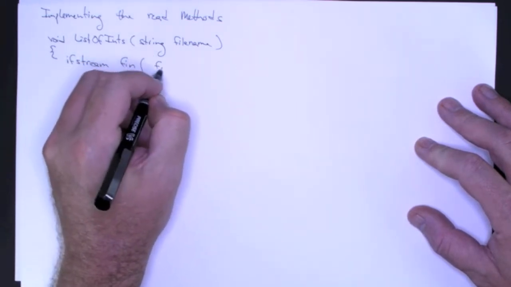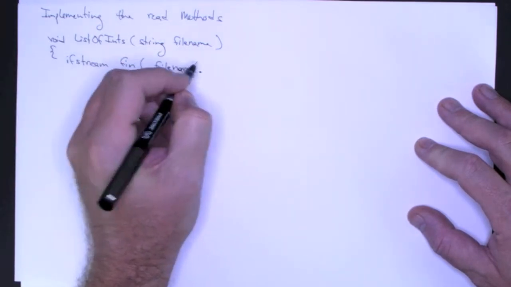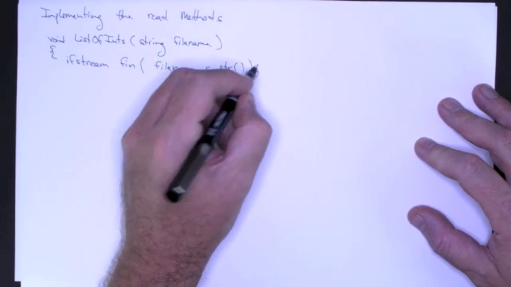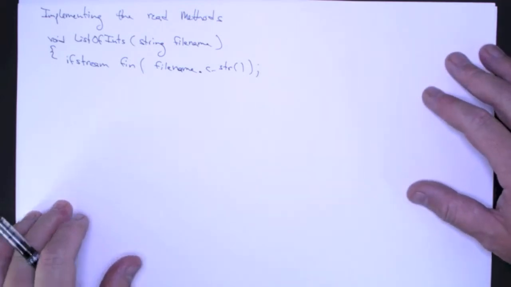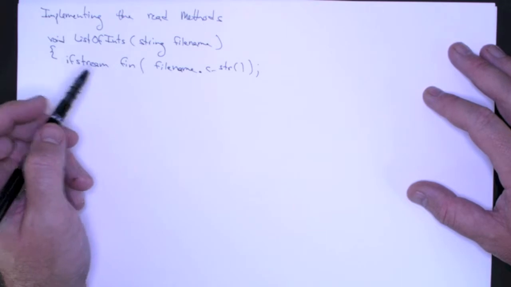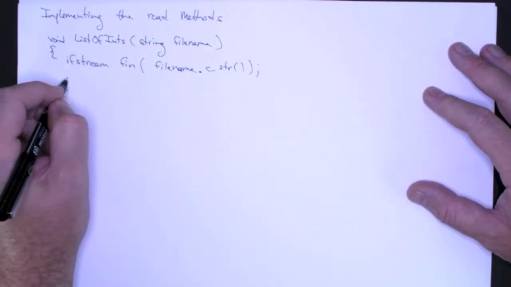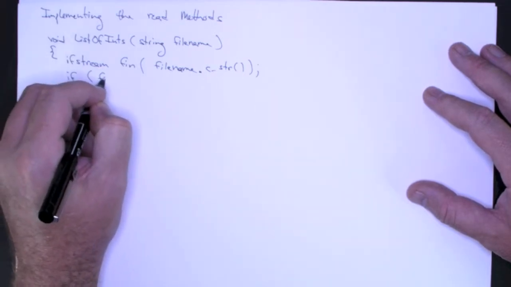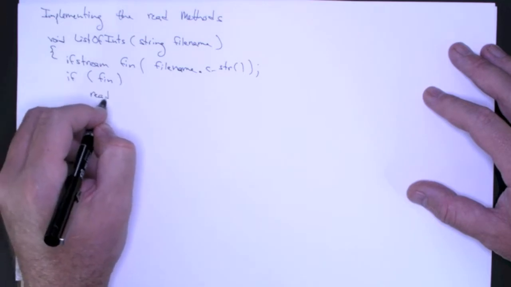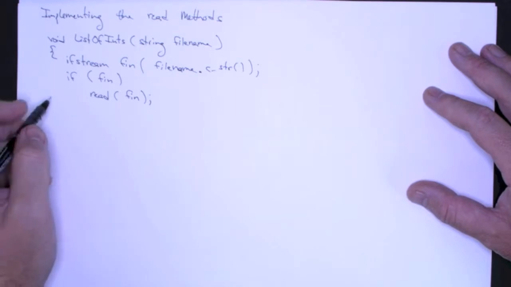I can just pass this file name into the constructor, although remember that I have to use the c_str method to convert that to a C string. Now this is either going to succeed or fail. This object will evaluate to true if it succeeded, meaning that this file exists. So if fin is true, then I want to pass it on to the read method. Just like that.